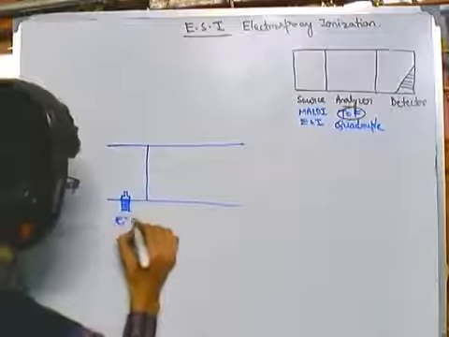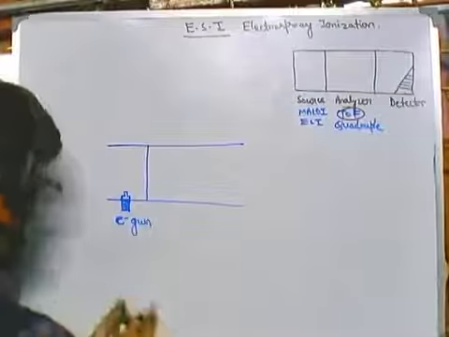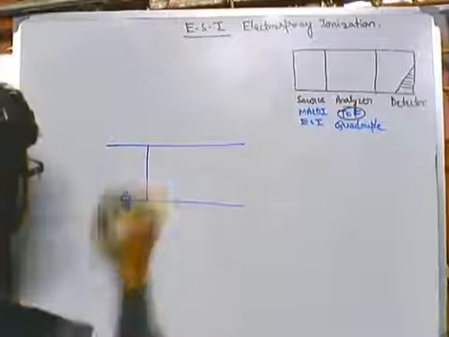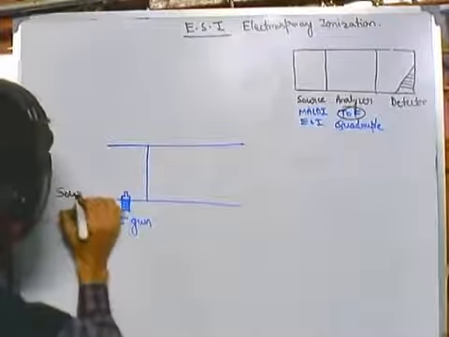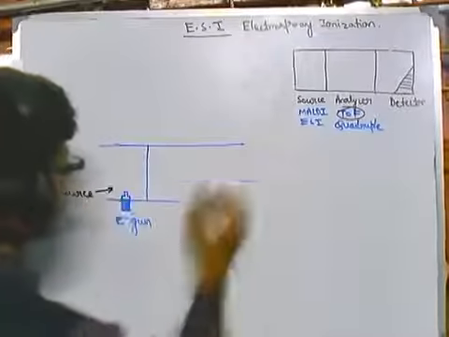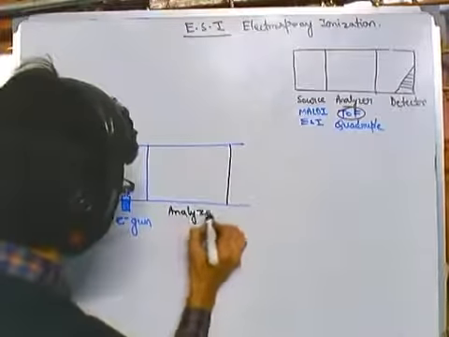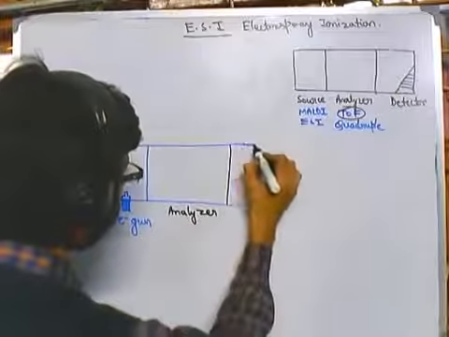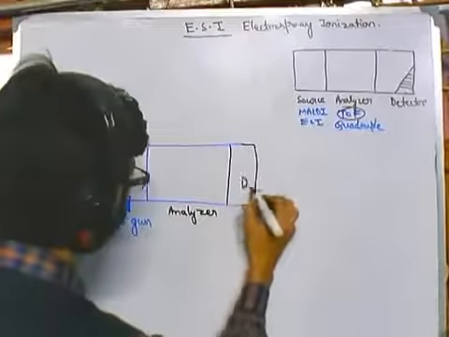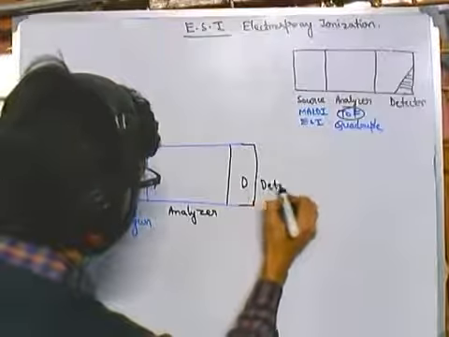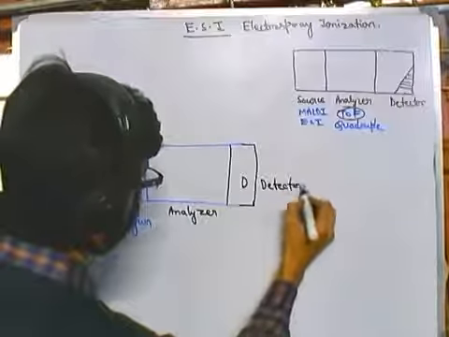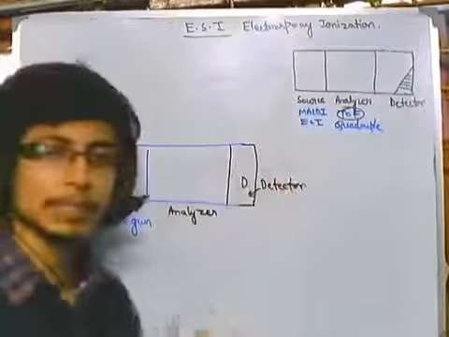So this is the electron gun in the source region. Let's say this part is the analyzer region, and in this region we'll have the detector. Okay, so these are the 3 different segments.